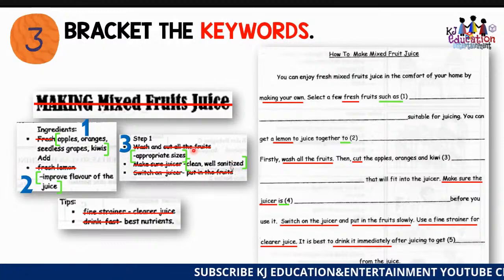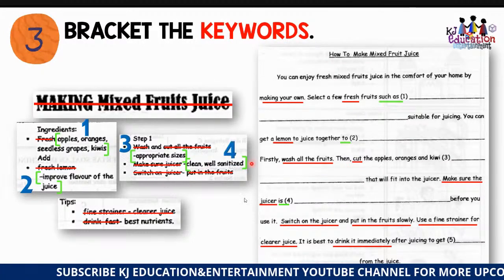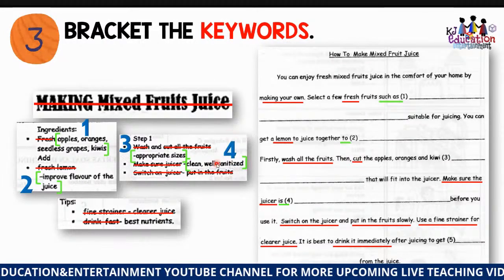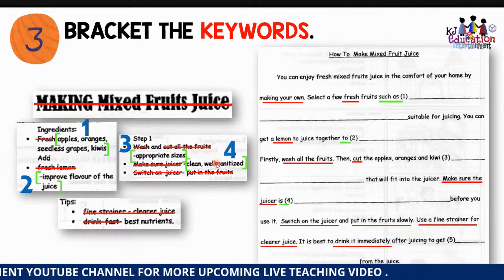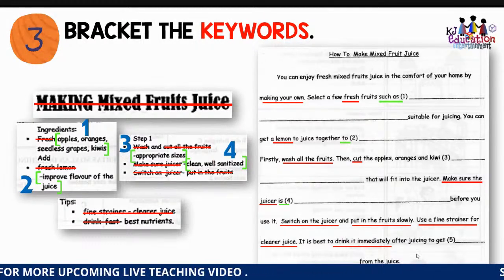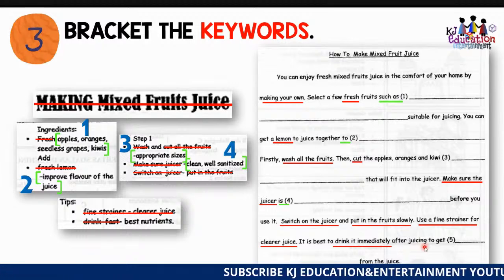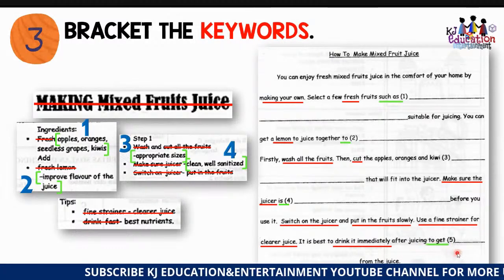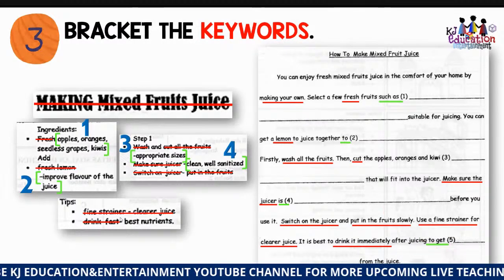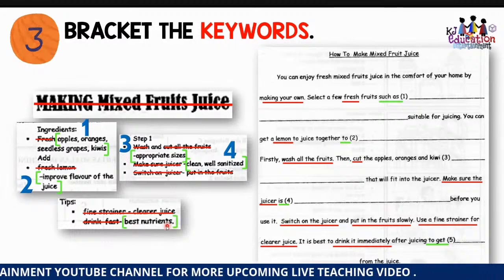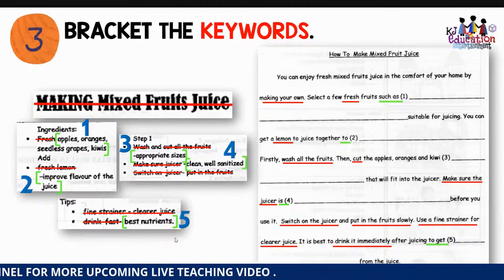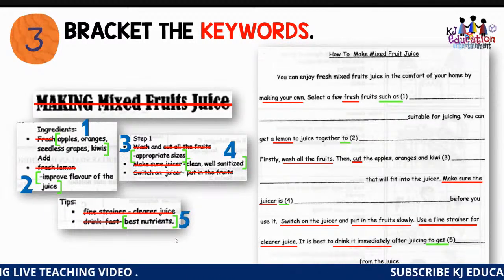So these could be the possible answers. And we put in number 4. Okay? And the last one, it is best to drink it immediately after juicing to get. To get what? Yes, best nutrients. That would be number 5.